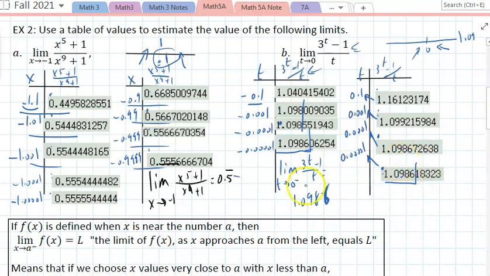So we would say, since the left and the right match, we say this limit is about 1.0986.